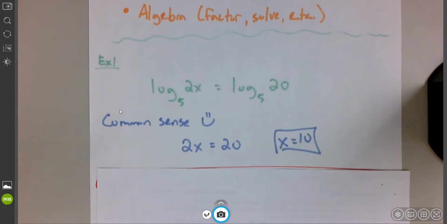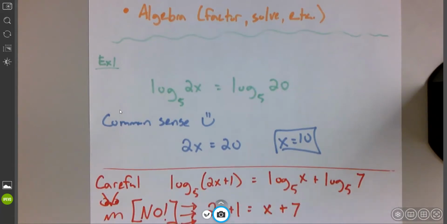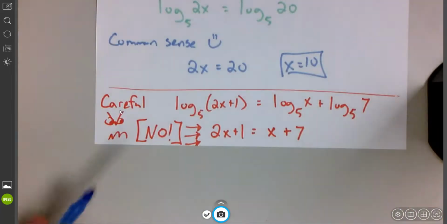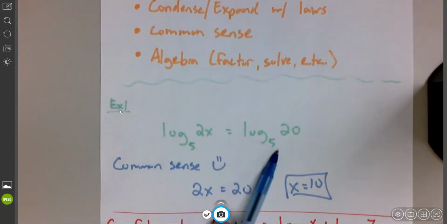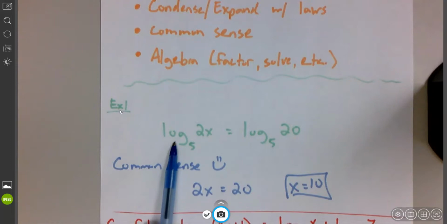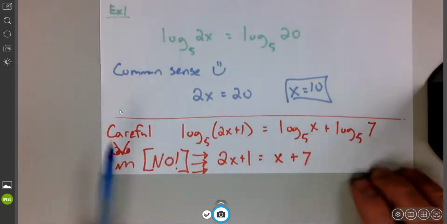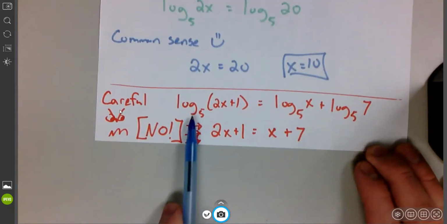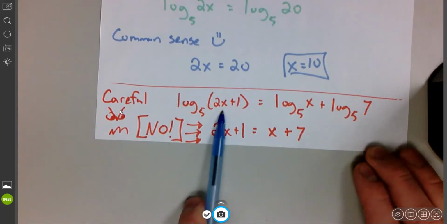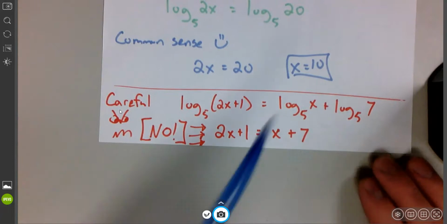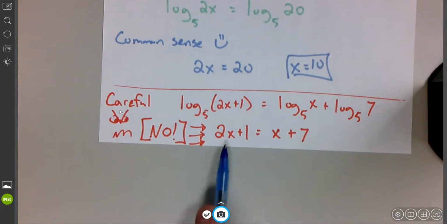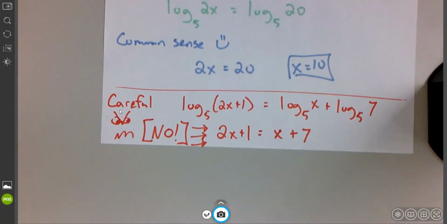Something I do want you to notice here and caution you on. Be careful. On this one, we did in a way just drop the logarithms, because it was just a log on this side and just a log on that side. But I've seen students try to do this: log base 5 of 2x plus 1 equals log base 5 of x plus log base 5 of 7, and drop the logarithms and just say, well, then 2x plus 1 should probably equal x plus 7.